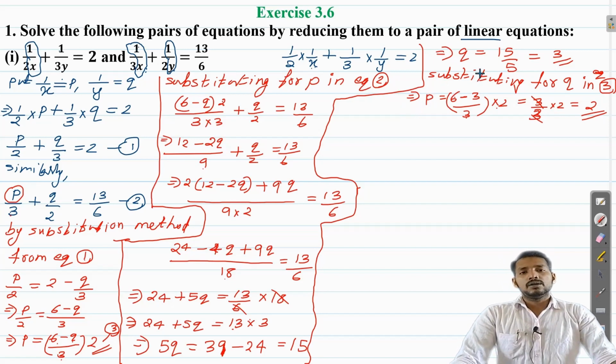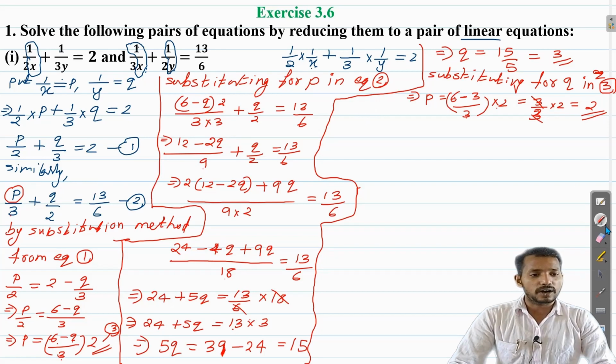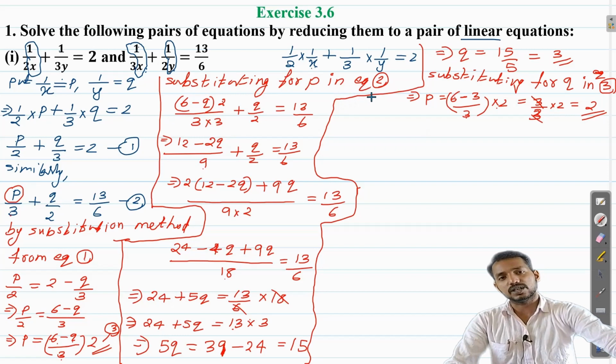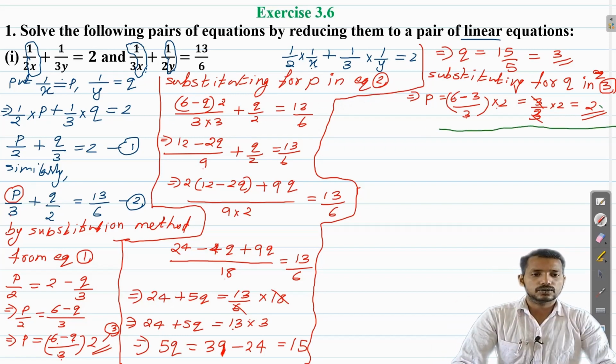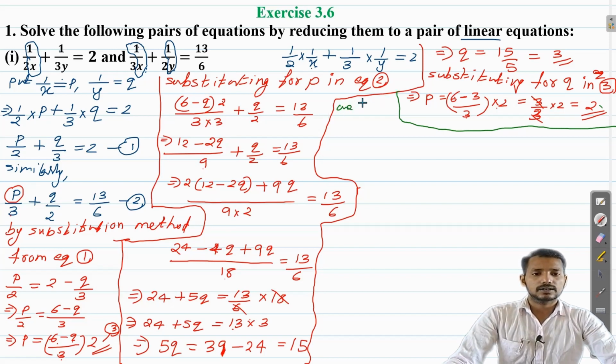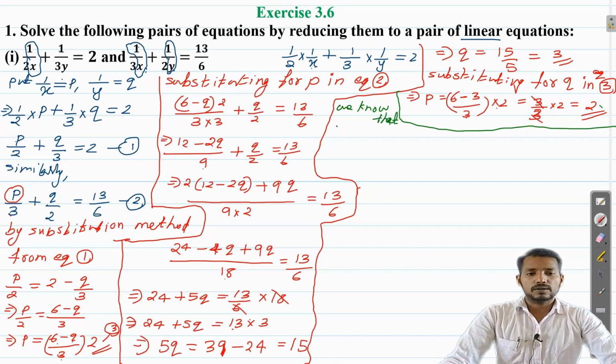But this is not the solution. We need to get the value of x and y, because in the original equation the variables are x and y. So we need to resubstitute into p and q. That is the third step we need to do here. So we know that 1 by x is equal to p.